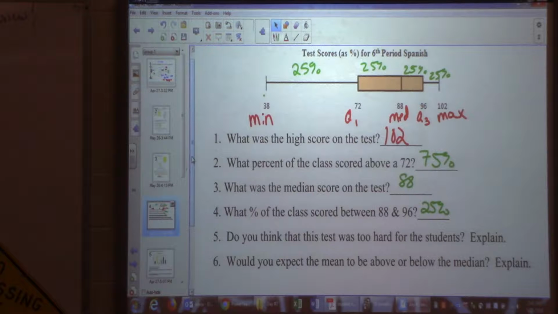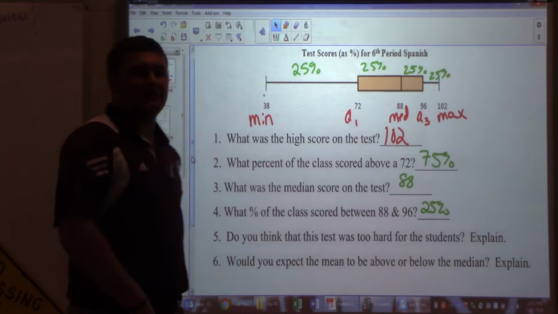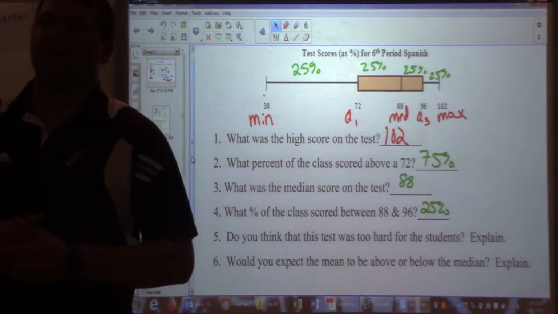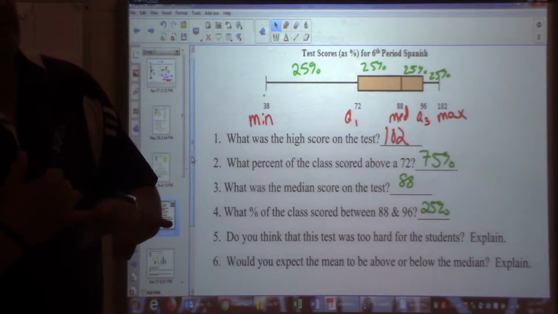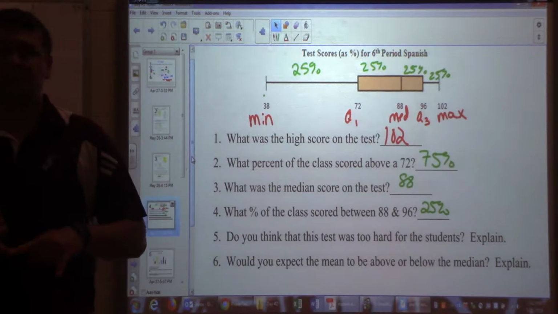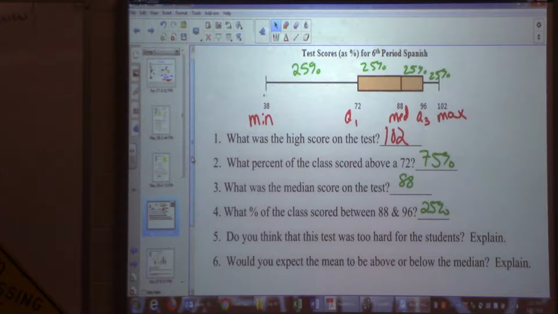You could argue that. With these problems, guys, they're opinionated questions. You could answer yes or no to that question and still be right, because you need some mathematical reasoning to explain it. If you just put yes and don't put anything else, I'm going to mark it wrong. If you just put no and don't explain anything, I'm going to mark it wrong.